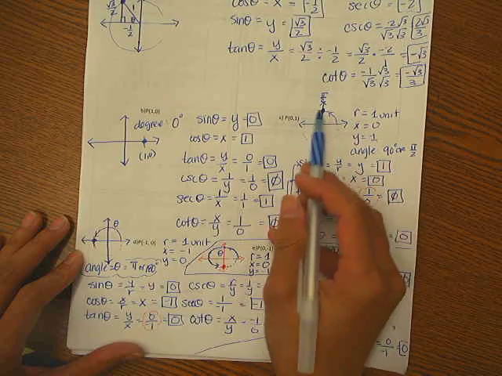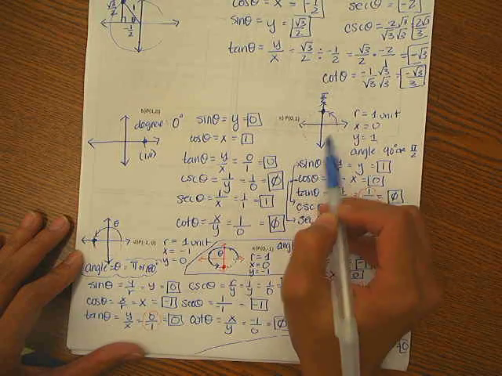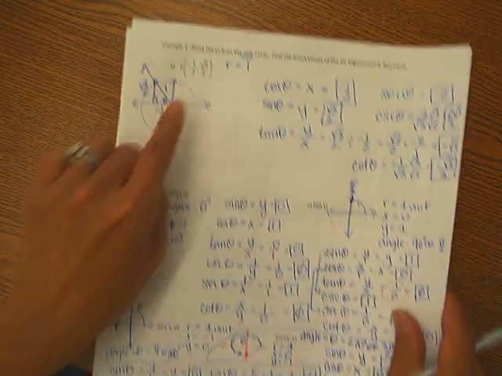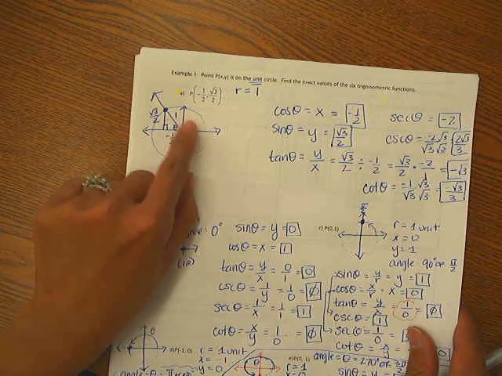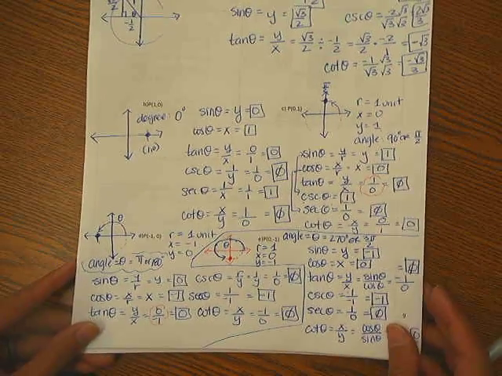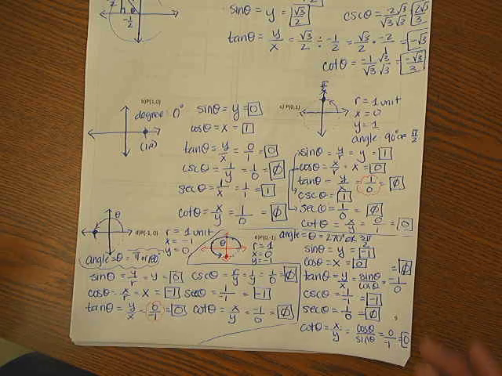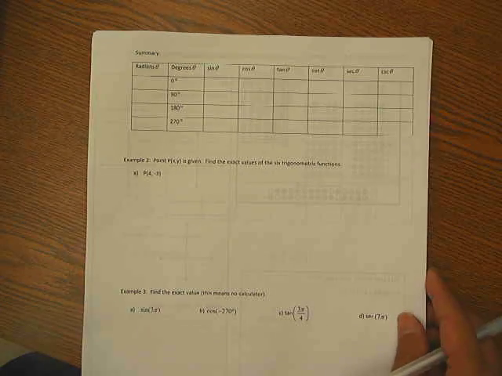So we kind of went the entire circle on the quadrant angles. We also did a problem that's not on a quadrant angle. So right now, you know how to find everything on a unit circle. Let's flip the page and fill out this chart. This is the last thing we are going to do today.